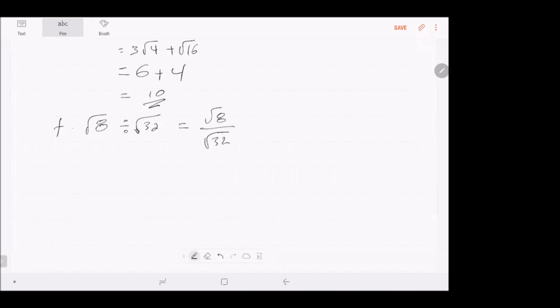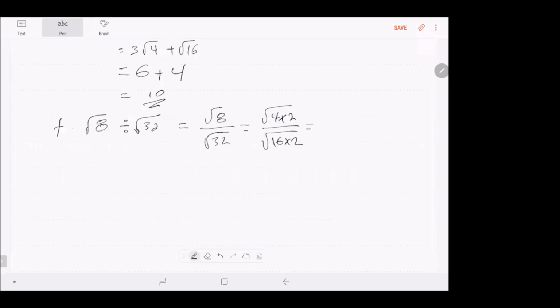It's possible. So now to simplify this one, we can rewrite the given radicand as a product of one perfect and one non-perfect square, or we can rewrite the given expression using the property. Let us do it in two ways. The square root of 8 means the square root of 4 times 2, over the square root of 32, which means 16 times 2.